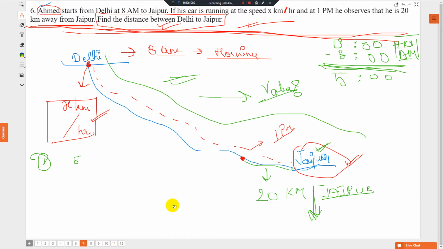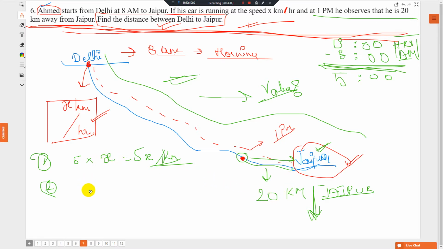And each hour, how much does it cover? x. So what will be the covered distance? 5 hours multiplied by x gives 5x kilometers. At 1 p.m., he observes that he is 20 kilometers away.